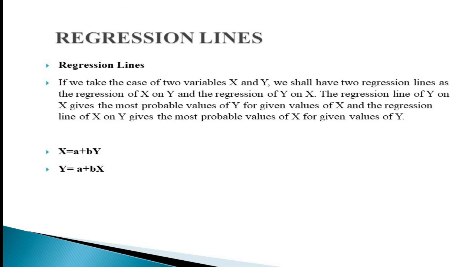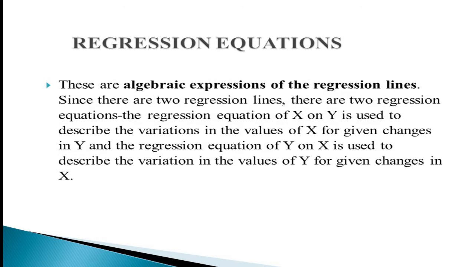So there are two regression lines, x on y and y on x. x on y means finding the value of x given the value of y, and y on x means finding the value of y given the value of x.